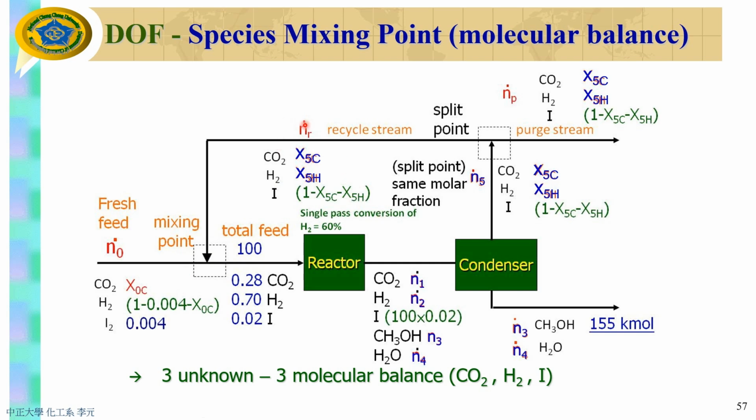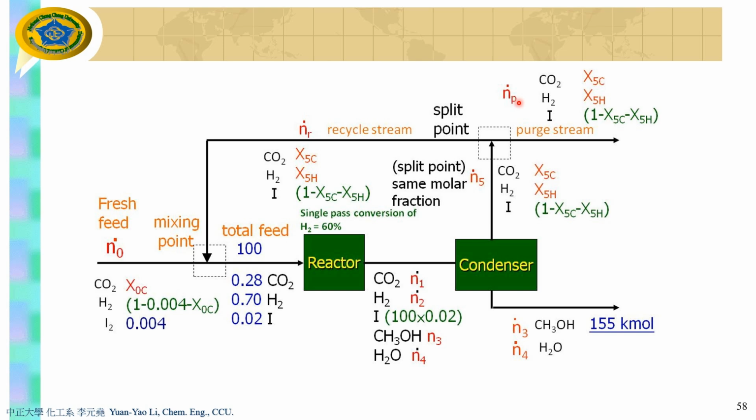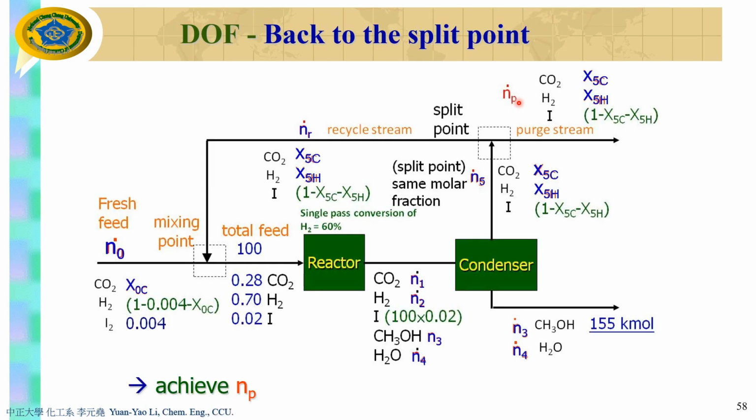Bingo. You got the answer of these 3. And once you got these 3, you have N phi equal to NR plus NP. So, of course, you get the answer of NP. Okay? Achieve the NP.